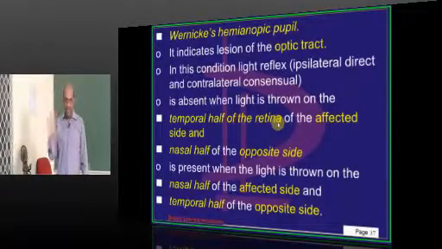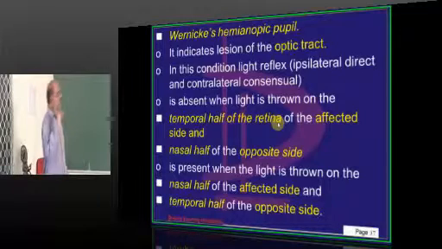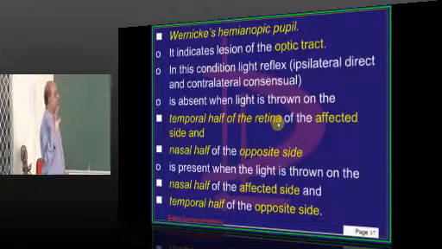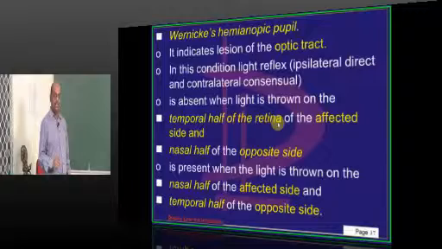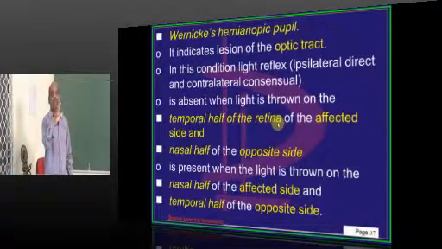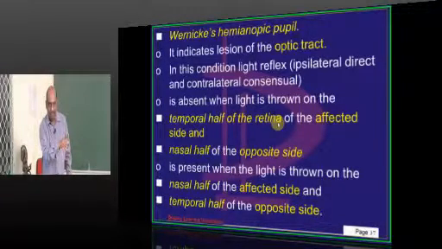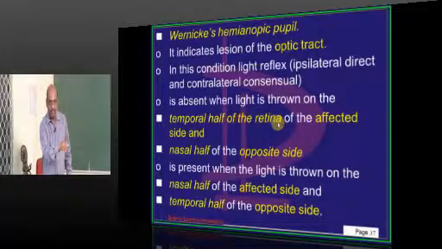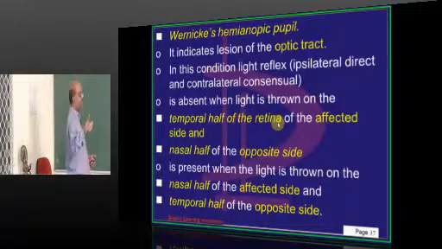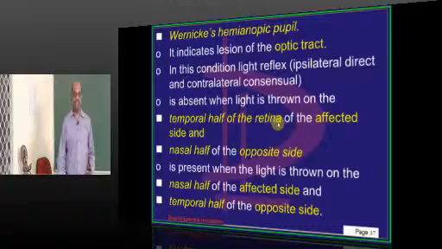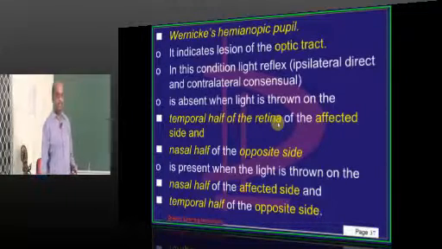So my temporal field is gone. So if you throw light on my temporal half of the retina on the affected side or the nasal half of the opposite side eye, then the light reflex will be typically absent. You agree with me?